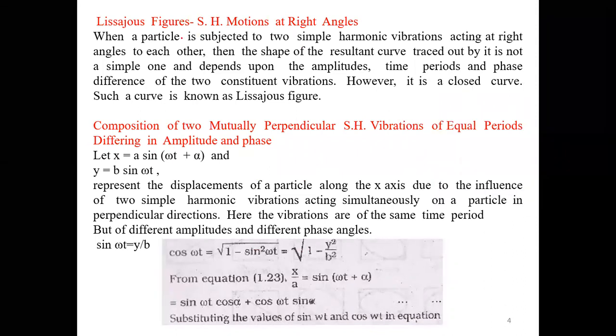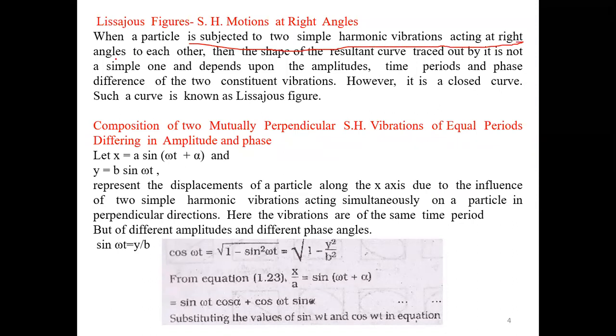When a particle is subjected to simple harmonic vibrations acting at right angles to each other, the shape of the resultant curve traced out by it is not a simple one, and it depends upon the amplitude, period, and phase difference of the two constituent waves. However, there will be a closed curve, and this closed curve is called a Lissajous figure. That's a very important thing.